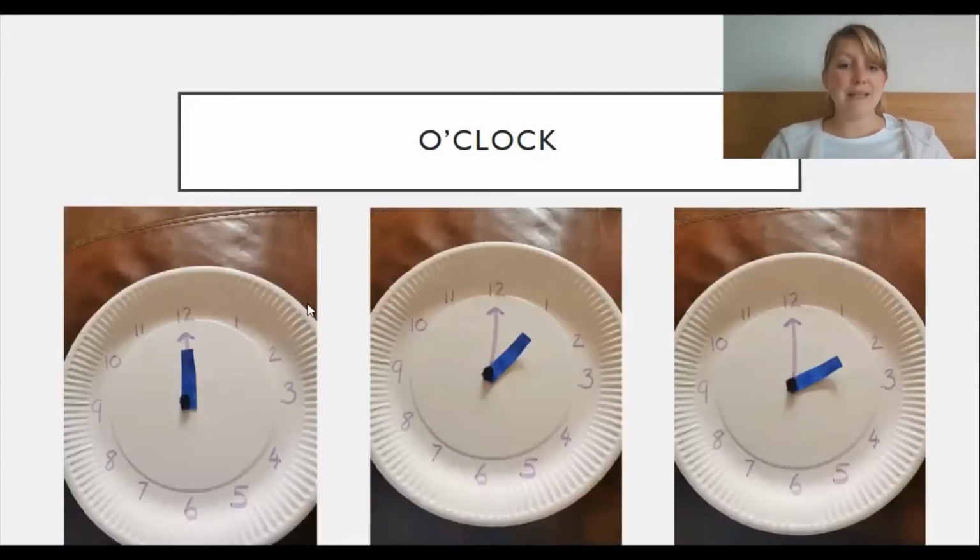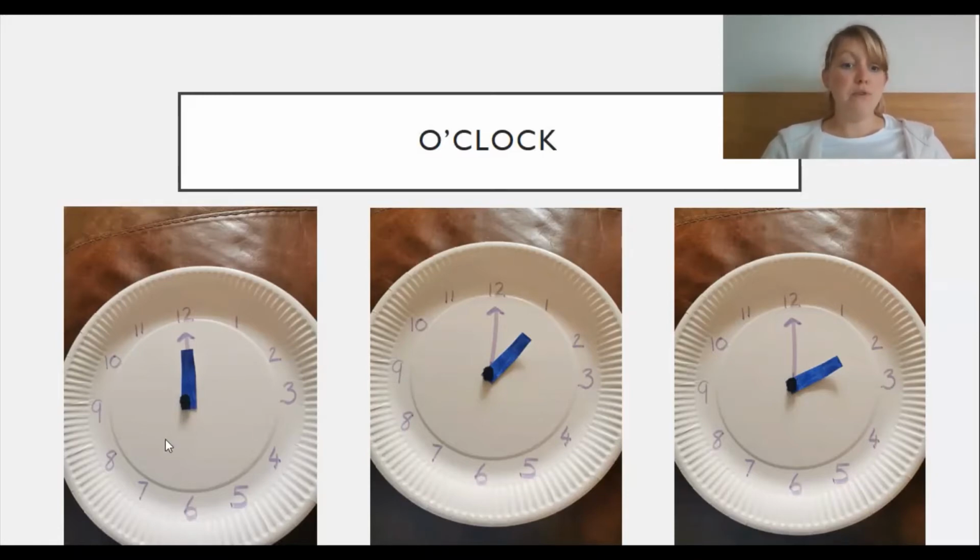And here is my homemade paper plate. So if you need a little bit of practice on the o'clocks, then you can make a plate with the minute hand staying on the 12. So I've drawn the minute hand on. And then using a bit of paper that I've coloured in and cut out, I've used my pipe cleaner to attach the hour hand to my paper clock.